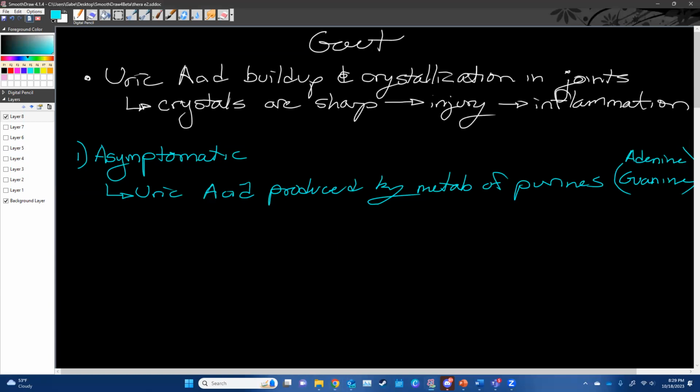So for this phase, what you have is increased levels of uric acid, which is UA, which in males means that you have above 7 milligrams per deciliter, and in females we have above 6.